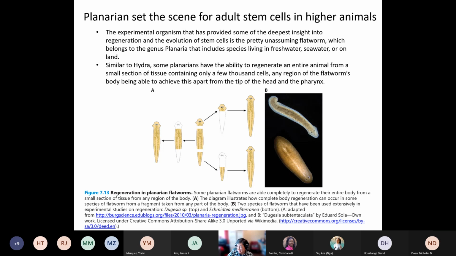I don't know whether you're impressed or not, but this only happens in sci-fi movies, right? You cut someone's head and then they will grow it back. This is very amazing when you compare this to Hydra, because now this creature has eyes, has a tail, has all the sophisticated structure.